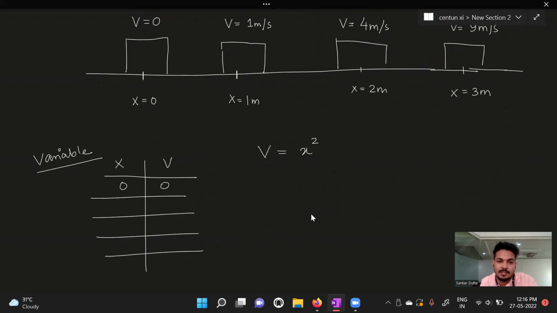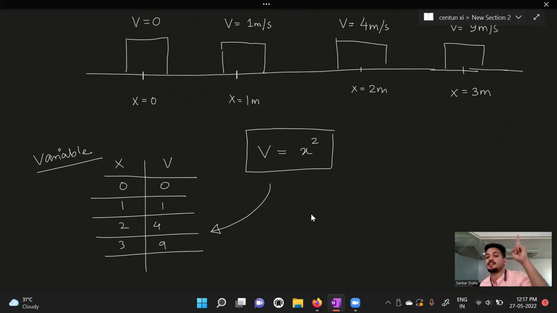You will say at 0 velocity is 0, at x equal to 1 it is 1, at 2 it is 4, at 3 it is 9. You have to give a very big table to give the entire analysis, right? But if you give them just a simple equation of v equal to x squared, this will represent this entire table in a single equation. That is why we need functions. We call this what? Functions.